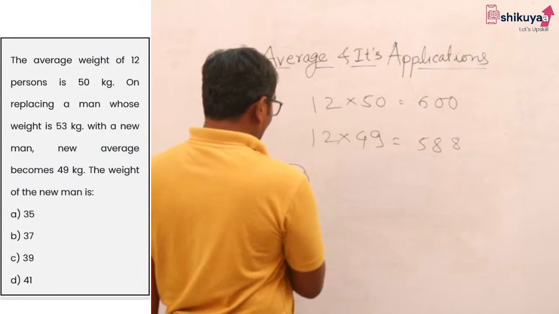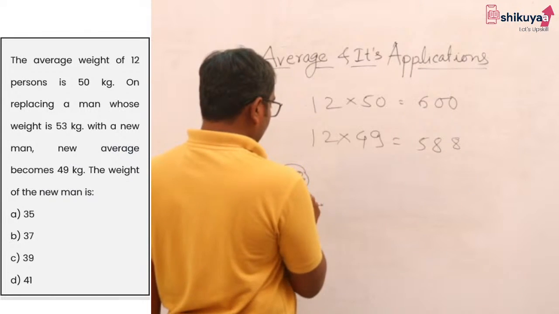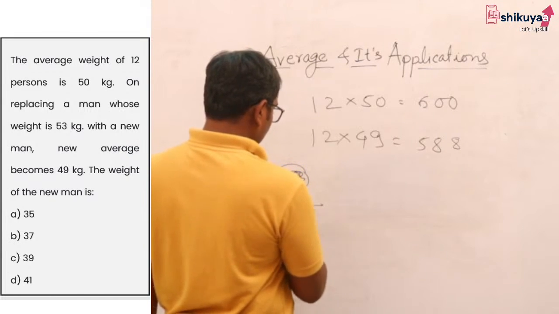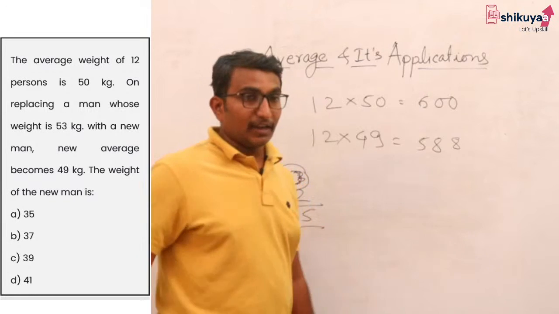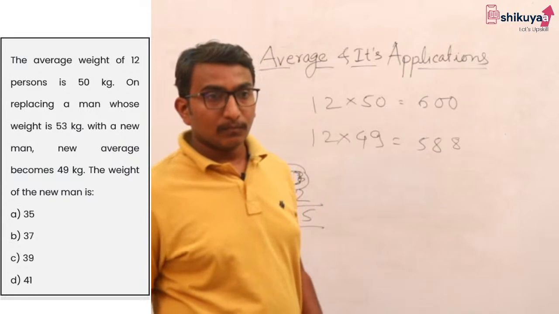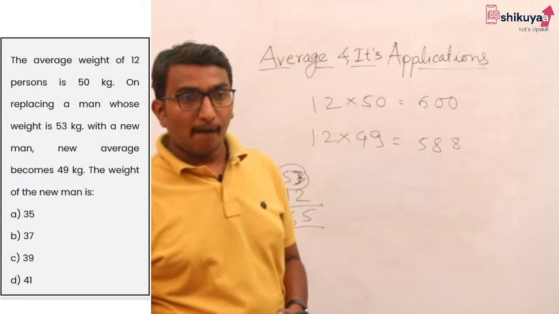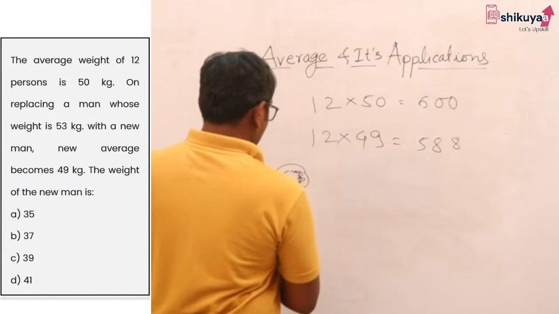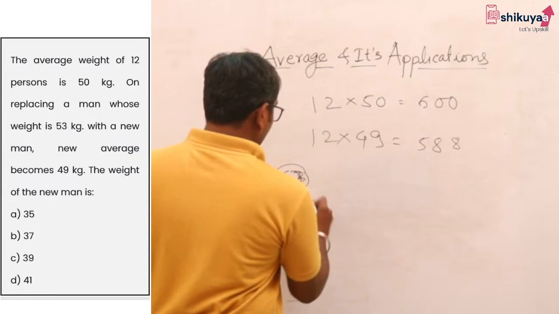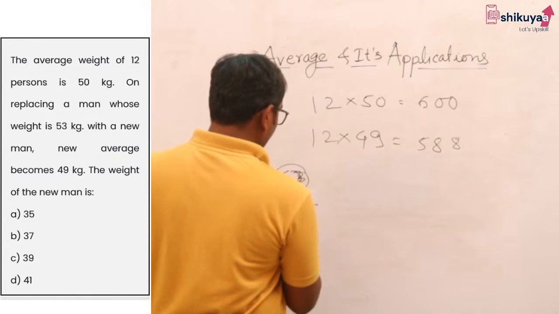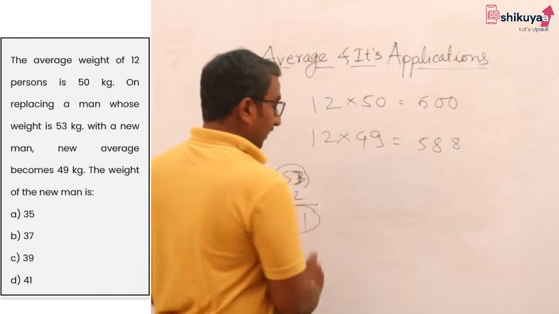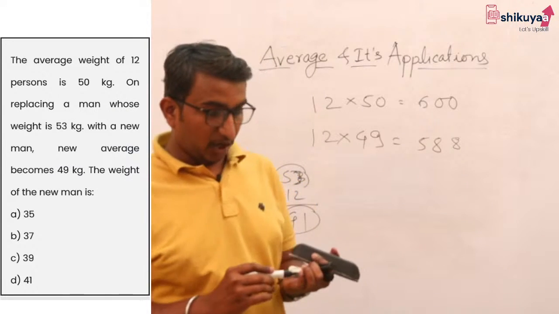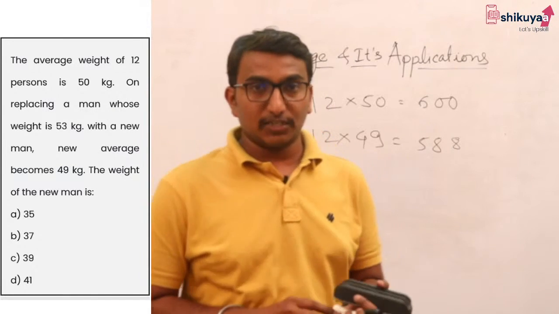So you have to subtract this difference from the 53. You will get the weight of the new person.